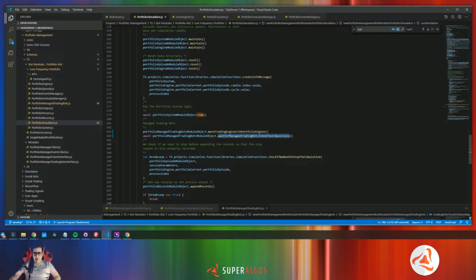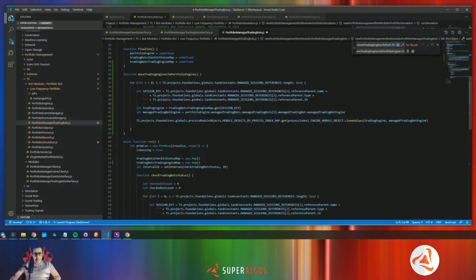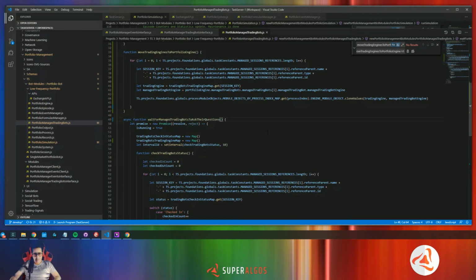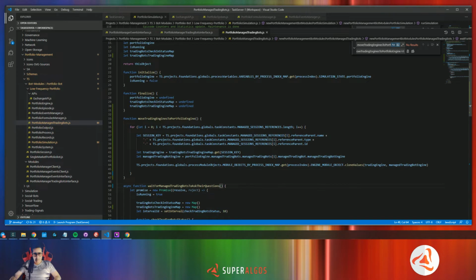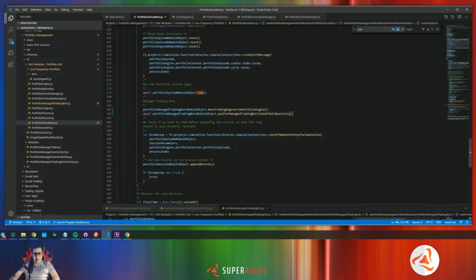But this is what we are doing, in fact. So what we're doing is move trading engine to portfolio engine, wait for managed trading bots to ask their questions. We wait for them, okay, until the last one asks their questions. Then, what else?